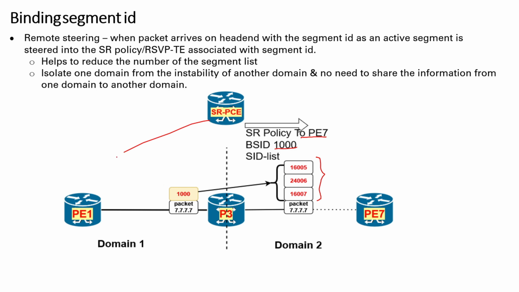Once the SR-PCE calculates that path and sends it to P1, he will push that binding SID on top of the packet, and once that packet reaches P3, he will remove that binding SID and push all these three labels on top. So we can see that it's reducing the number of segments. Between these points we carry only one segment, and here it expands into a 3 segment list.